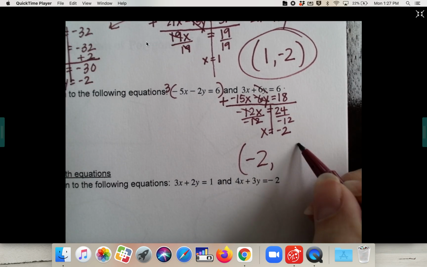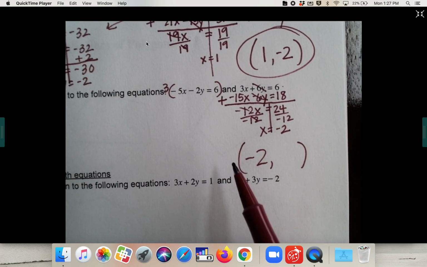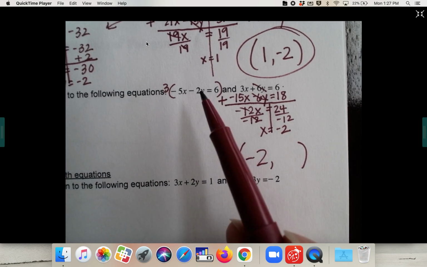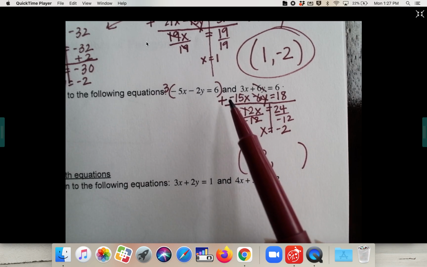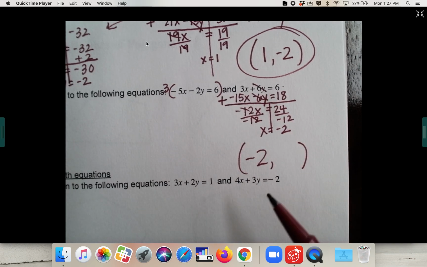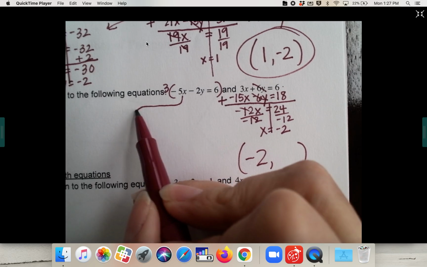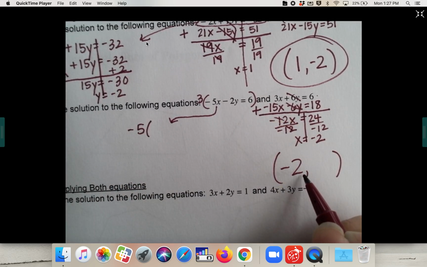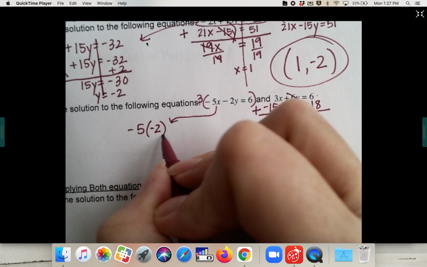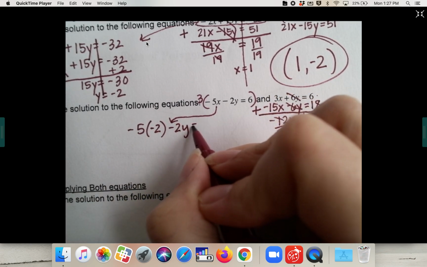So we've got half of our answer. Now that your x-coordinate's negative 2, I can plug it into this one, or the one I multiplied by 3, this one. Doesn't matter. So I'm just going to choose my original one. Negative 5 times not x, but times negative 2, because that's what x is, minus 2y equals 6.